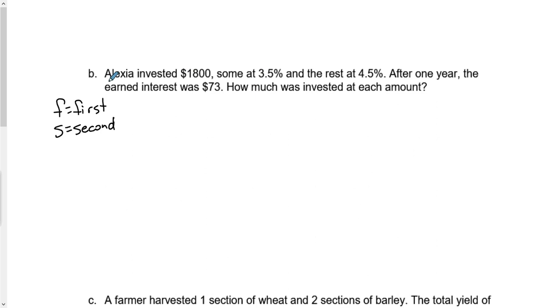So let's see. We have something talking about the total amount that was invested, but then we have things that talk about an interest rate. So these things would have to be related. So we'd have to have some kind of relation.